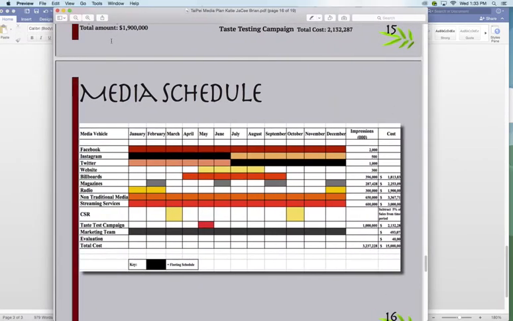So this is one of my favorites. So media schedule basically says, I'm going to take the media mix and the media vehicles that I plan to use for the campaign, and I'm going to put them in a spreadsheet and say, here is my cost, here are my impressions, and this is when it's going to take place during that calendar year. And you'll notice here that some of the particular media schedules that we're dealing with are all year round.